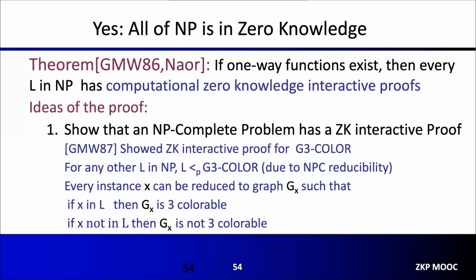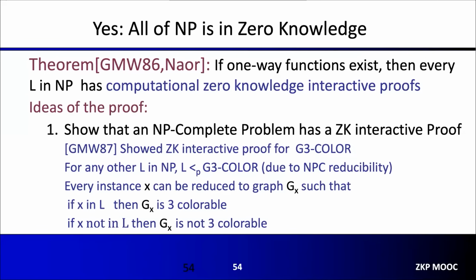There were two main ideas in the proof. The first key idea is to show an example of an NP complete problem that has a zero-knowledge interactive proof. That will be sufficient to establish that every language in NP has a computational zero-knowledge interactive proof. Why is that?